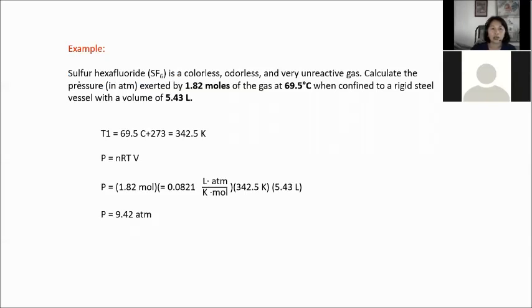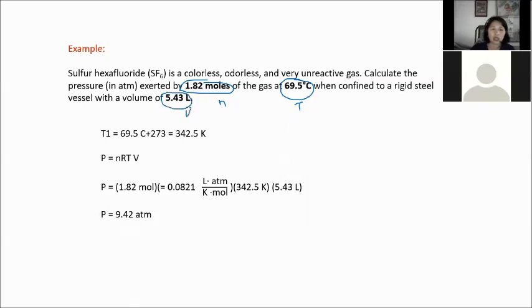So, another example, we have sulfur hexafluoride, a colorless, odorless, and very unreactive gas. Calculate the pressure in atmospheres exerted by 1.82 moles, which is our n, at 69.5 degrees Celsius, our T, when confined to a rigid steel vessel with a volume of 5.43 liters.